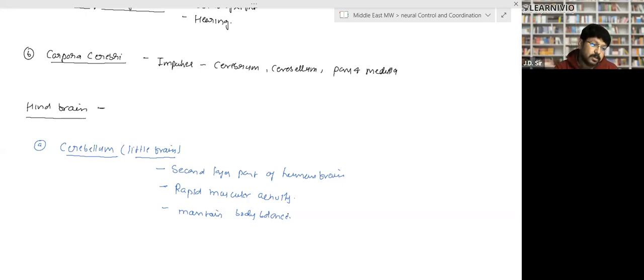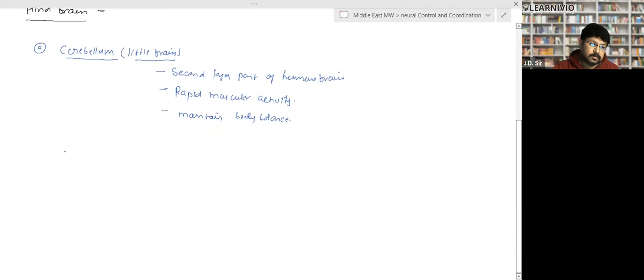The next part is called pons varolii. It relays impulses between the medulla oblongata and the superior part of the brain.